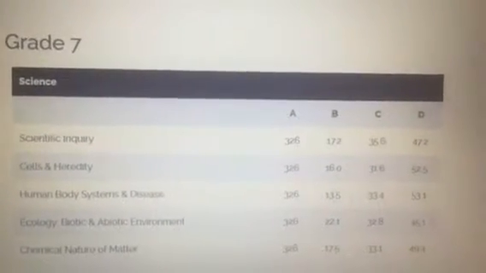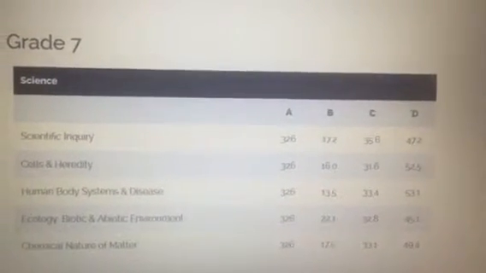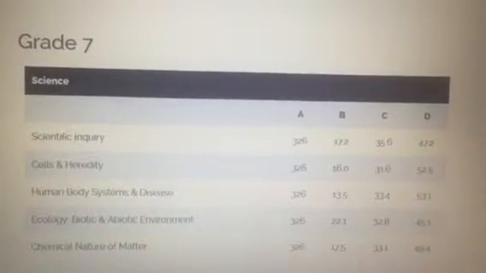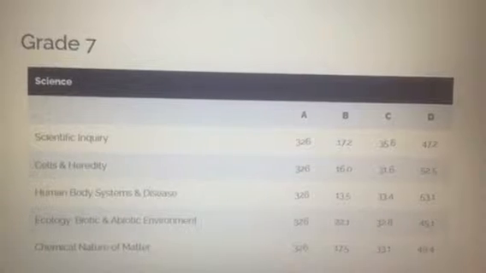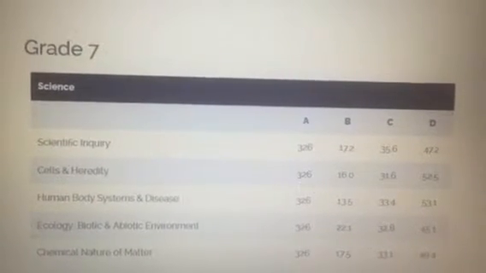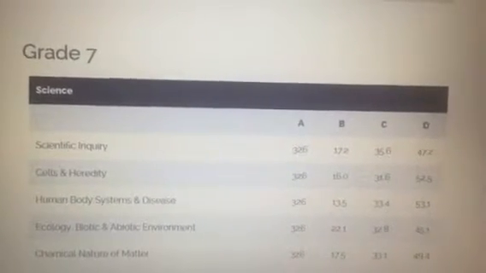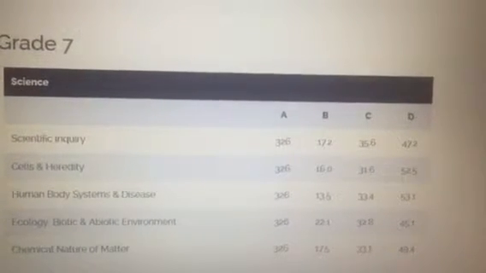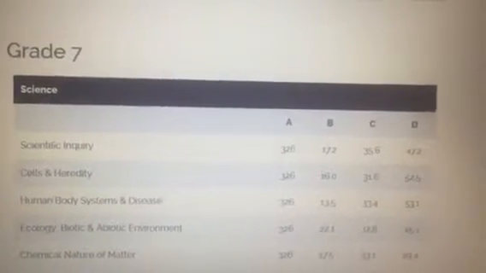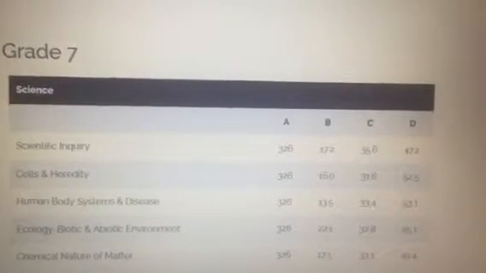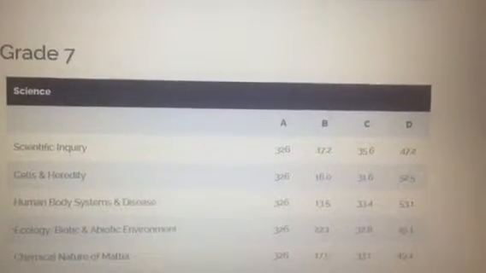For 7th grade science, we notice that once again there are the areas of scientific inquiry, cells and heredity, human body systems and disease, ecology, and chemical nature of matter. In reference to the areas of strength, about 47.2% of our students demonstrated strengths in scientific inquiry.